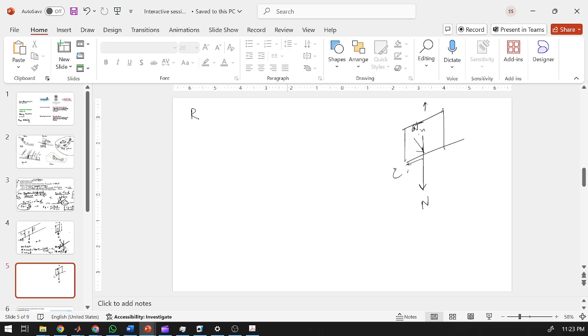So the reaction force sigma n is basically R cos beta, and tau is basically R sin beta. This is equivalent to gamma h cos square beta, and this is equivalent to gamma h cos beta sin beta.